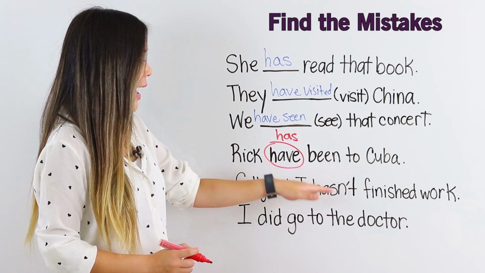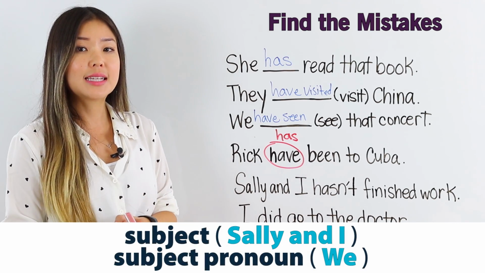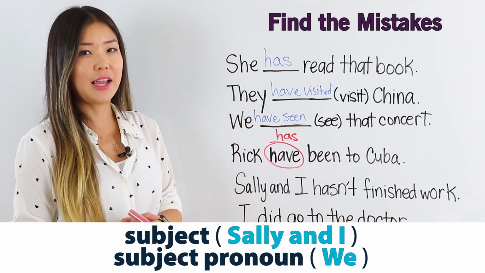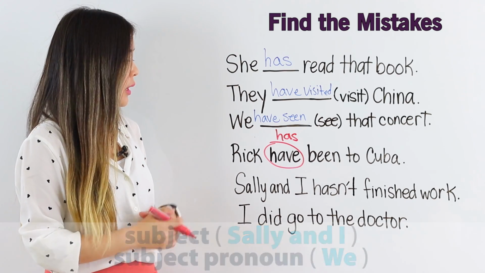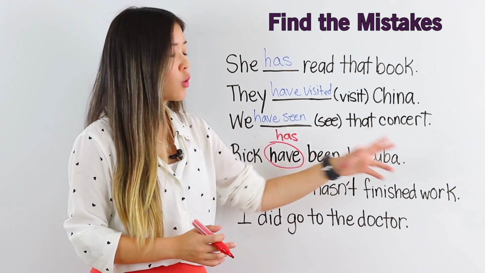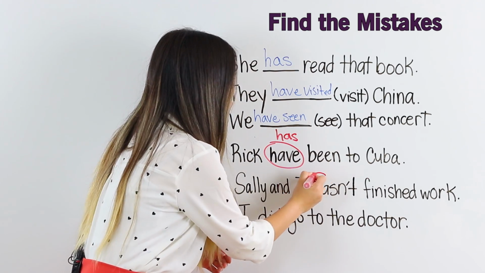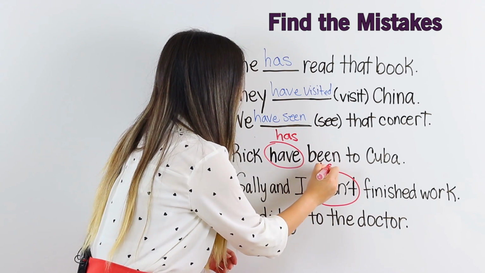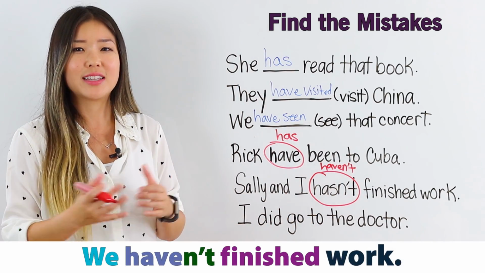"Sally and I hasn't finished work." The subject in this sentence is Sally and I. The pronoun for that is we. We hasn't finished work? That still sounds weird, right? We have to change this to have not, or the contraction haven't.